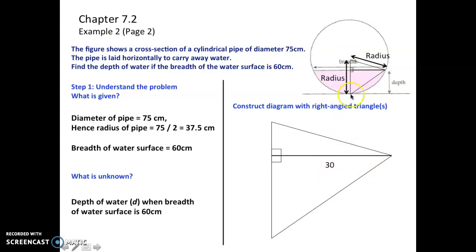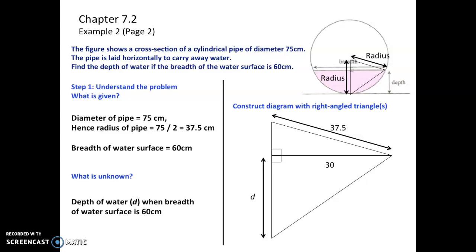Okay, so let me show you what these two triangles really are on the diagram. Alright, so these two are the triangles that match up to each other. So this length here is my radius, and so is this length. So my radius, as I've calculated previously, I have 37.5 cm.